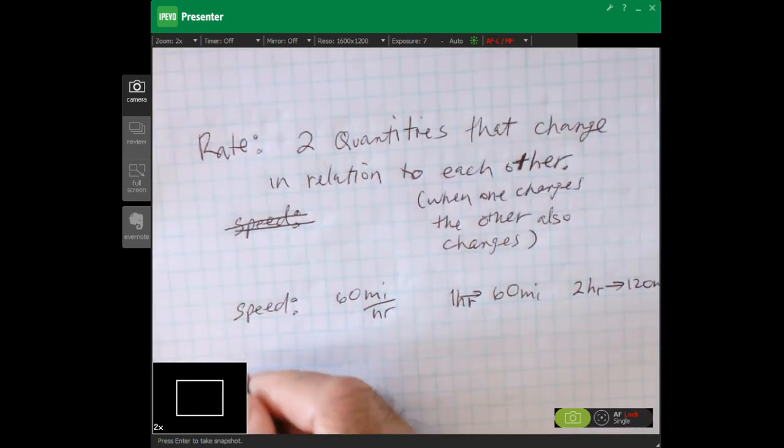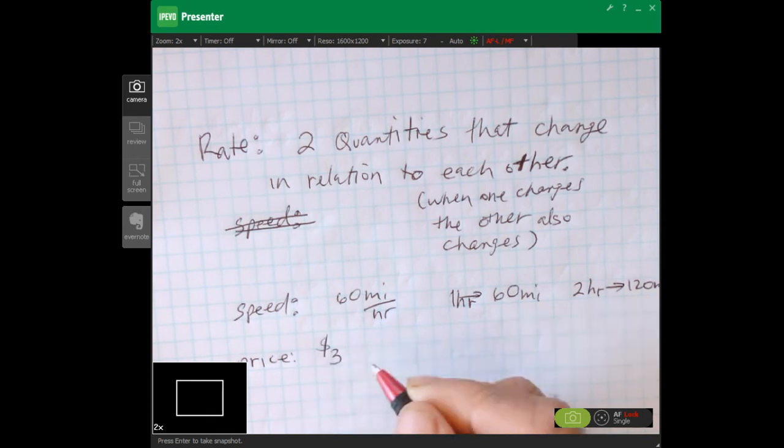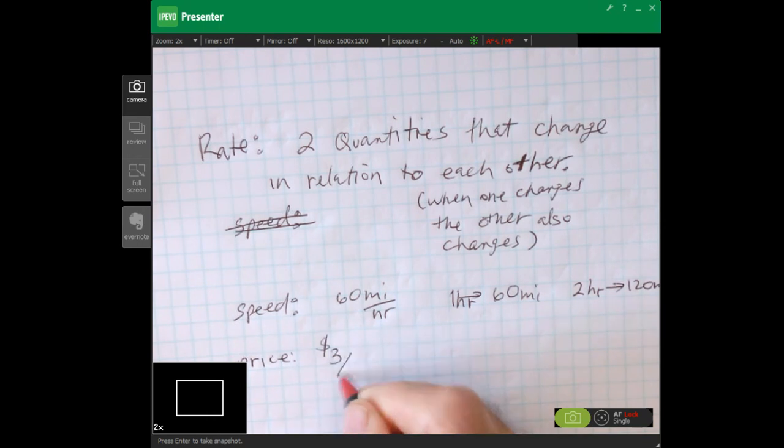Another type of rate is price. Something might be $3 per unit, like for a pair of socks, or each. I'm going to buy some expensive apples, $3 for each apple.